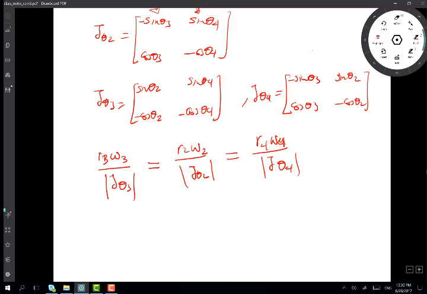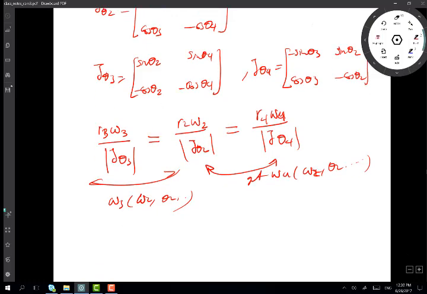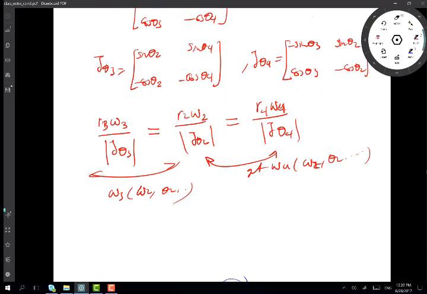Then I can equate those together to get omega 4 as a function of omega 2 and theta 2, and I can relate those together to get an expression for omega 3 as a function of omega 2 and the other geometric parameters, really theta 2, if I have done proper position analysis, so everything else should be a function of theta 2, every other angle.